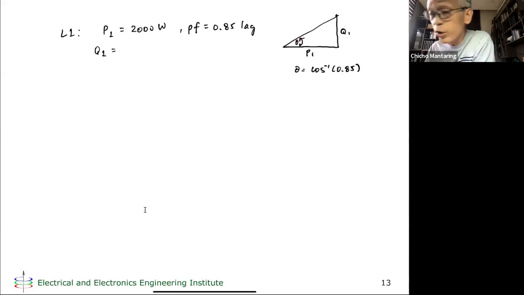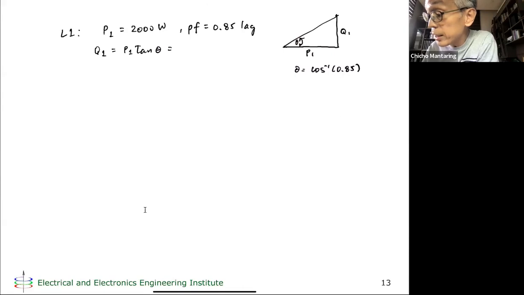But I can compute for Q1, because the tangent of theta is just Q1 over P1. So if I multiply P1 by the tangent of theta, that's equal to Q1.